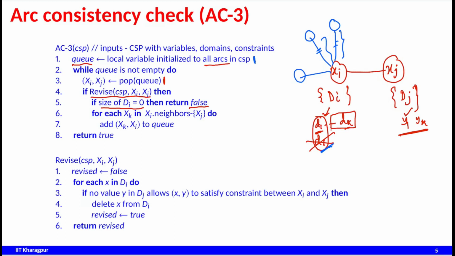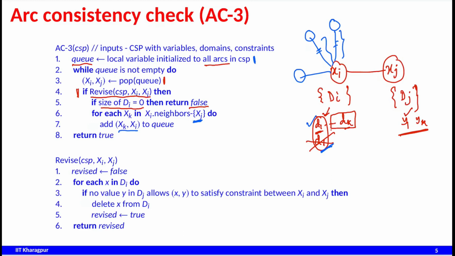That is the stuff for xk, the neighbors of xi other than xj, because we are working with xj. We add xk and xi to the queue, because this edge may have been reduced, or this constraint was updated by looking into these values. Now we are reducing these values, so we have to recheck. That is the basic idea for AC3, and now we will elaborate how we do the revise.